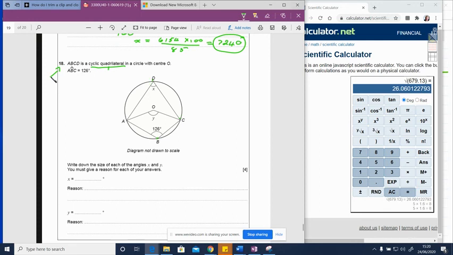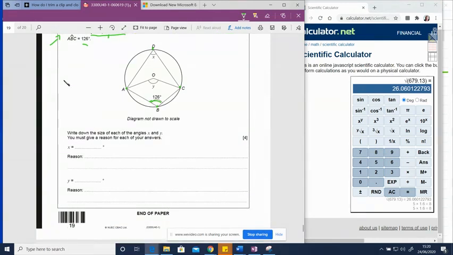That means it's a cyclic quadrilateral. It tells us that angle ABC is 126. It asks us to write down the size of each of the angles x and y and give reasons for our answer. So let's start with angle x.